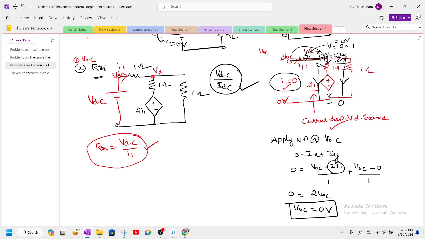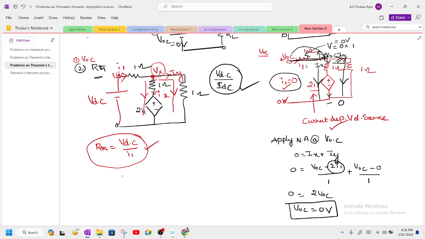Now let us mark the currents flowing into this branch. I1 is entering, and when applying nodal analysis I am assuming this node is of higher potential, so the current will be flowing in this branch. I am marking this current as Ix and the current in this branch as Iy. When you apply nodal analysis, how many entering currents are there?